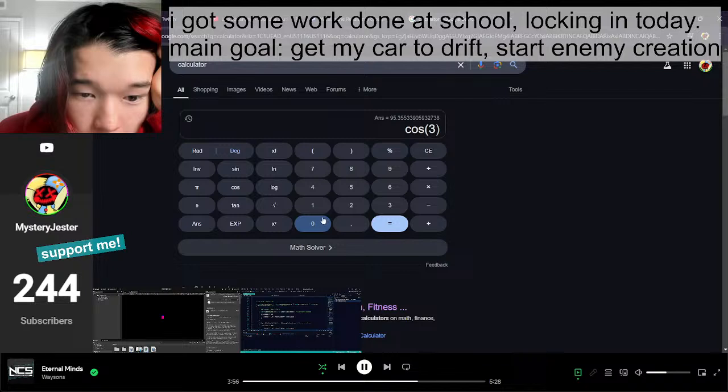What about cosine 30? No, cosine 90. Cosine 45. Cosine 20. Cosine 90. Cosine 80.